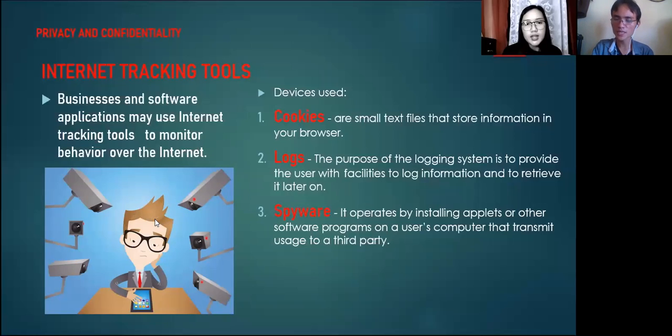Anyhow, let's proceed. The second is logs. The purpose of this system is to provide the user with facilities to log information and to retrieve it later on. From a security point of view, a log acts like a red flag that something bad is happening.